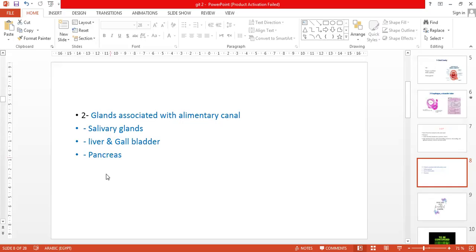These glands are of important clinical significance, and the histology of these structures is important and helps you in understanding their functions and subsequently the diseases in the course of medical subjects and medical lessons.